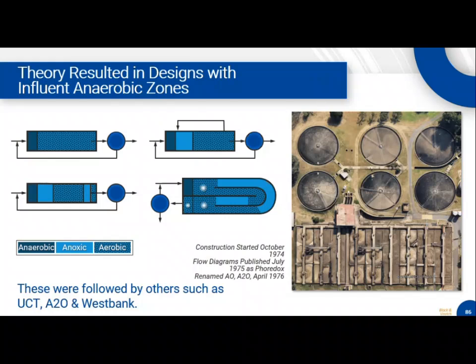You have other configurations. I won't spend a lot of time on these. What I want to emphasize with these is that the less VFA you have in the influent, the less ideal your influent wastewater characteristics are for biological phosphorus removal, the more complex your BNR configuration is going to get.